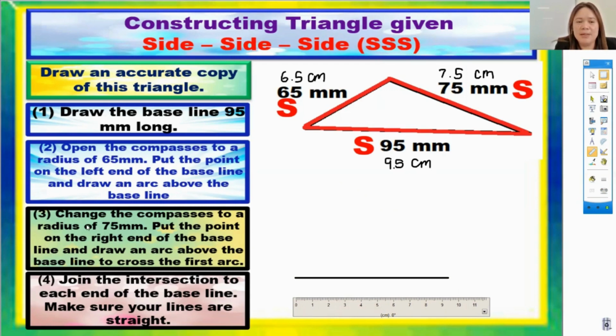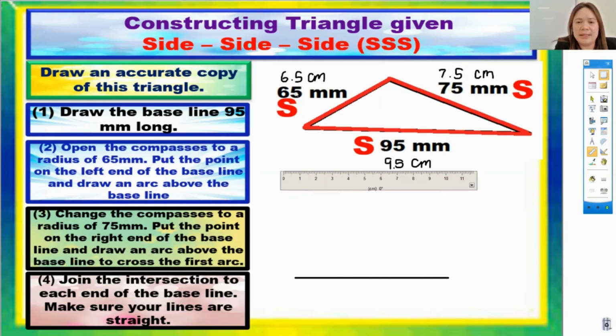The second step is we are going to open the compass, and we have to measure our compass with this length, which is 6.5 cm or 65 mm. So measure, put your compass at 0 here, and make sure it is 6.5 cm or 65 mm. So let's have it here.